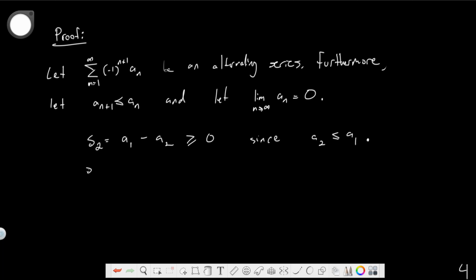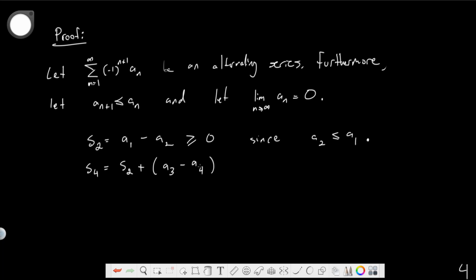Now let's look at S sub 4. As the picture proof was trying to tell us, S sub 4 is just S sub 2 plus a sub 3 minus a sub 4, the next term plus the next term. In this case, we're adding the fourth term, there's just a negative involved in it.